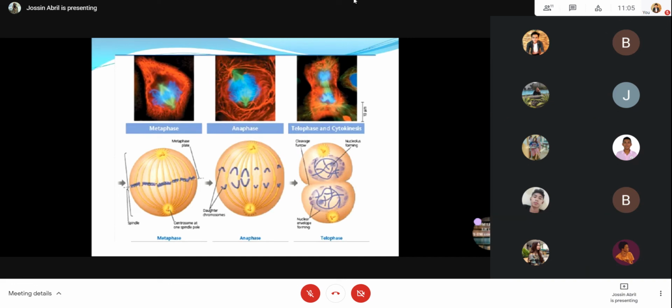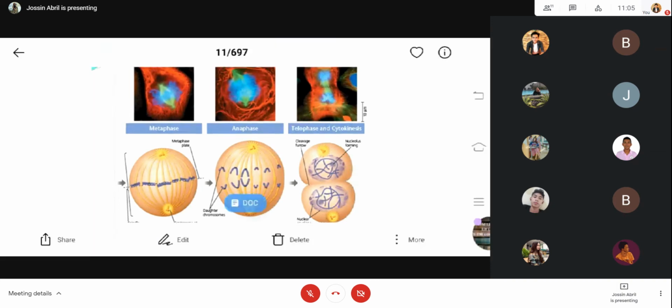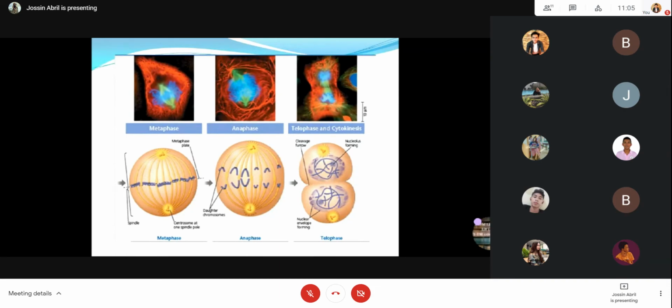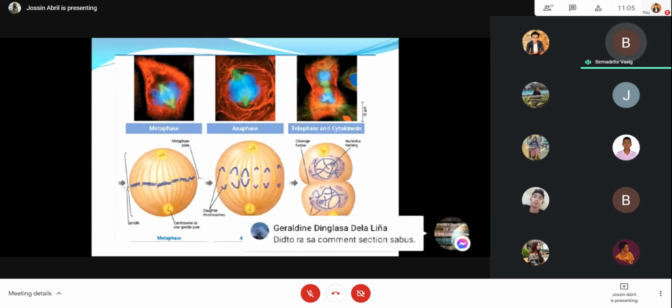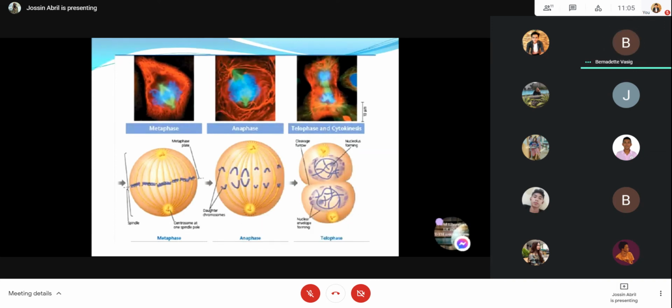They are maintained through the kinetochore microtubules that hold the chromosome in place, ma'am. Yeah, but how are they maintained in the middle of the plane? Through the metaphase plate.